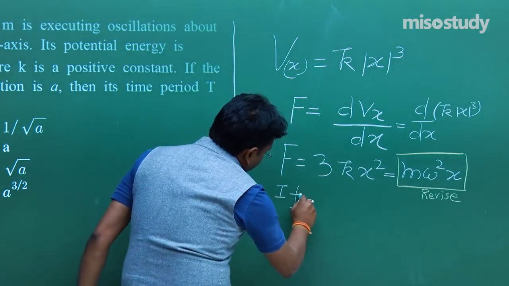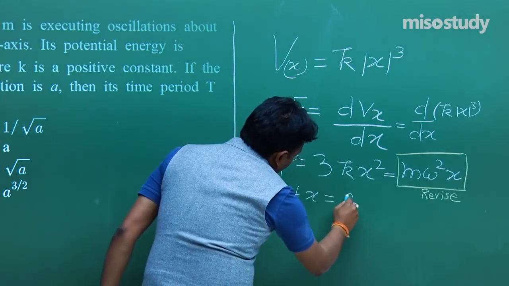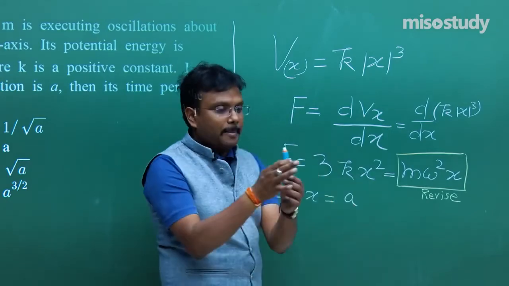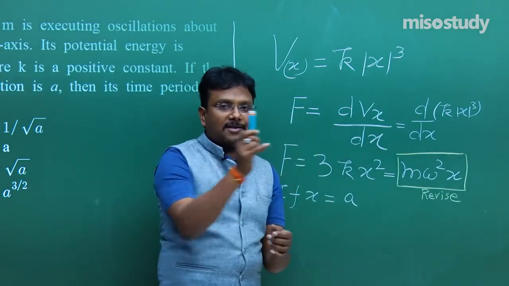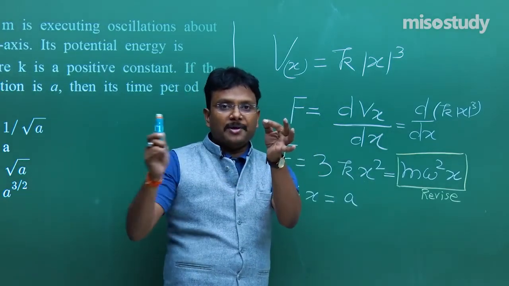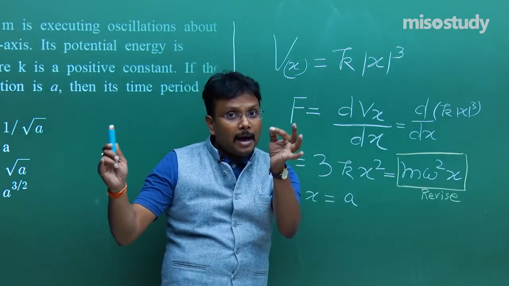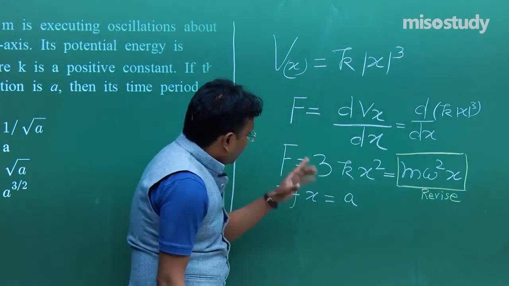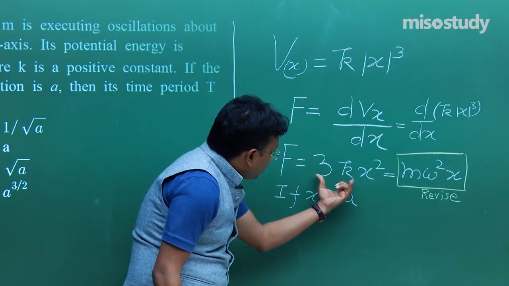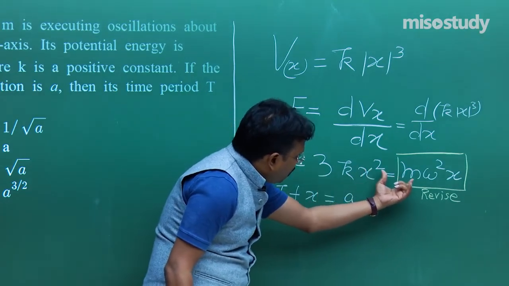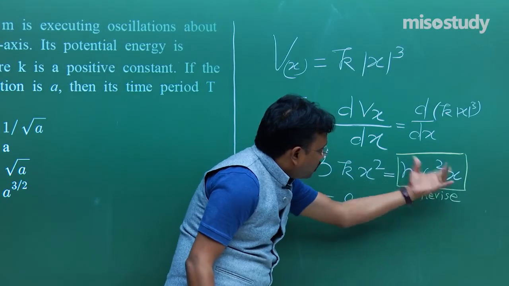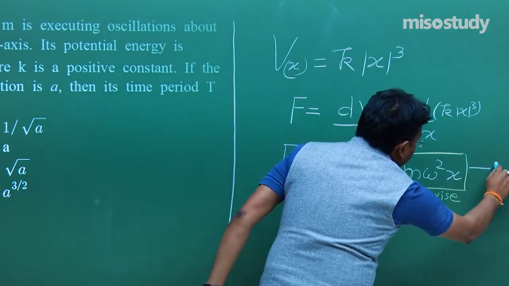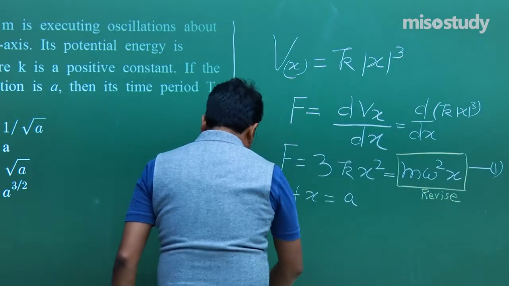If x is equal to a, okay, maximum amplitude, obviously maximum means if it is going along the x axis, so maximum means along the x axis, a amplitude. So that's why I am saying if x is equal to a, then 3k is equal to m omega square. Fine. So I think I should give it a name. Fine.